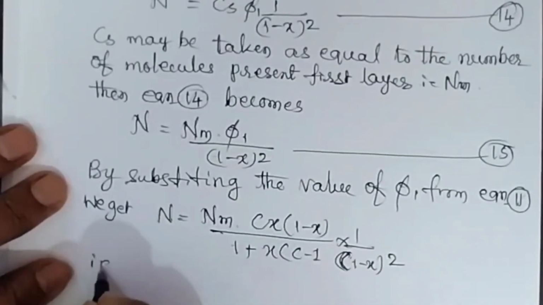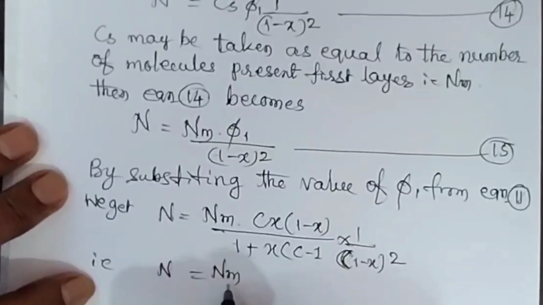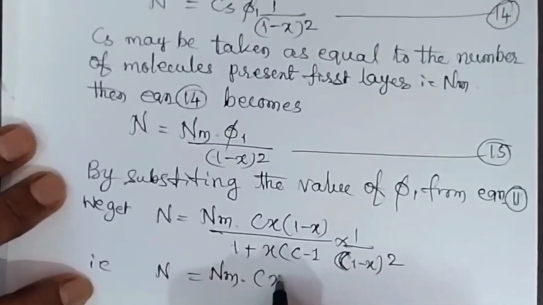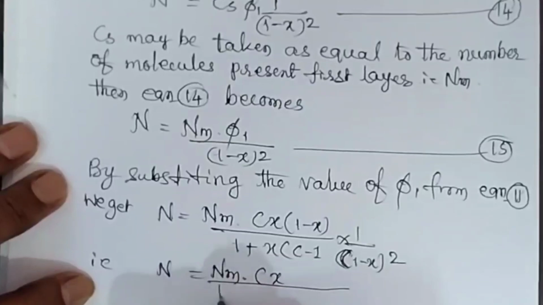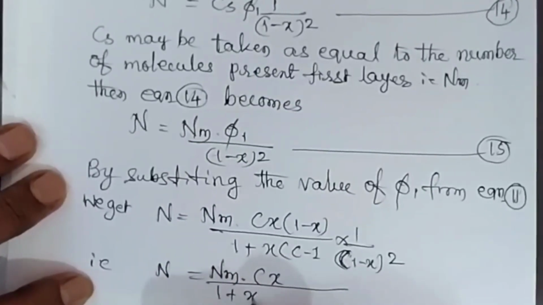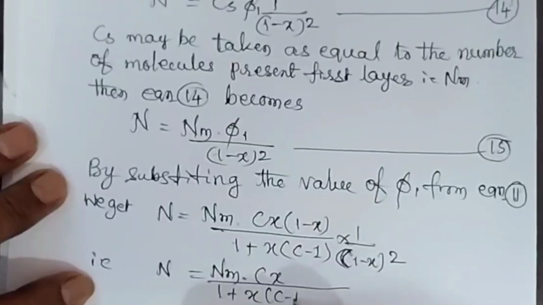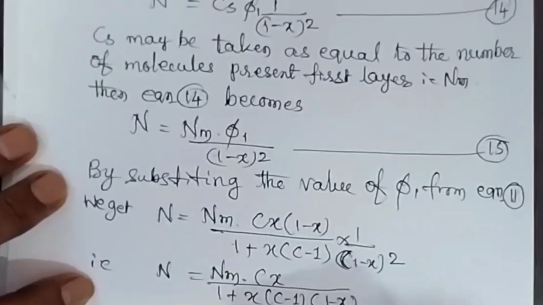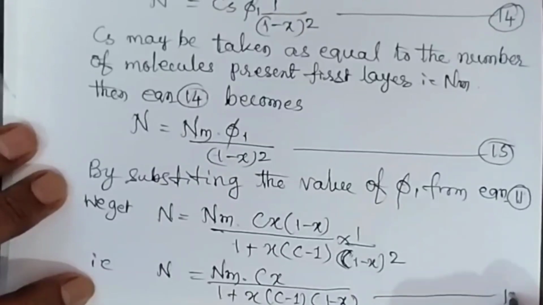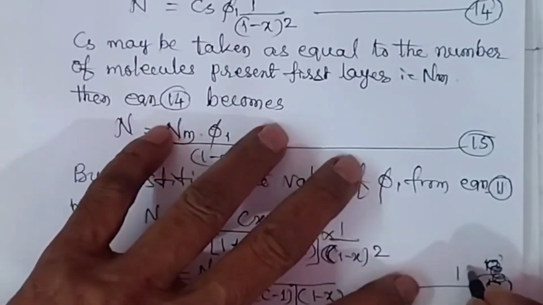That is n equal to Nm into Cx divided by 1 plus x into bracket c minus 1 into bracket 1 minus x. This is equation 16.